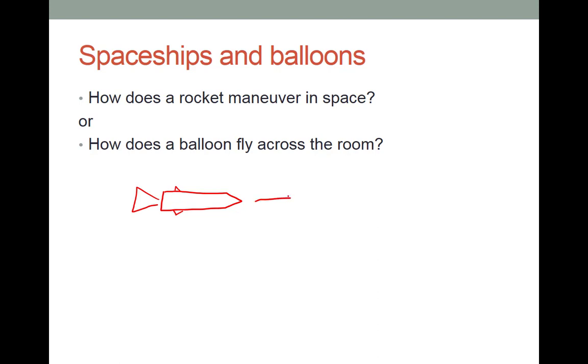So here's our rocket. It is moving, say, this way, but it doesn't want to move that way. It needs to make a course correction. So what does it do? Well, one of two things. It might need to speed up or slow down, in which case it fires the main thruster, or it might need to change direction, in which case it has these little thrusters on the side, right?